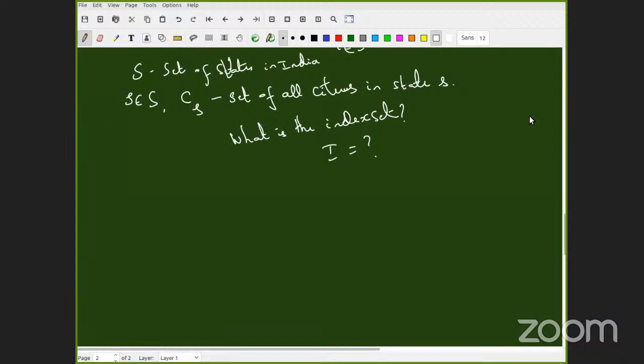What is I here? Set of all cities in the states.